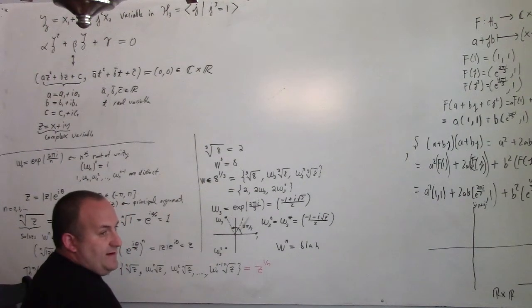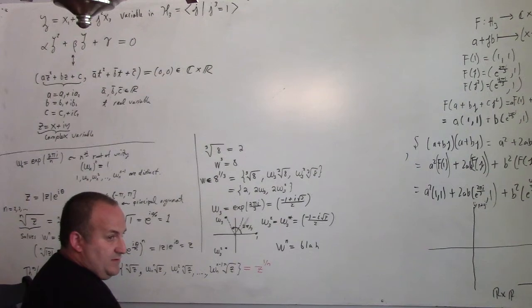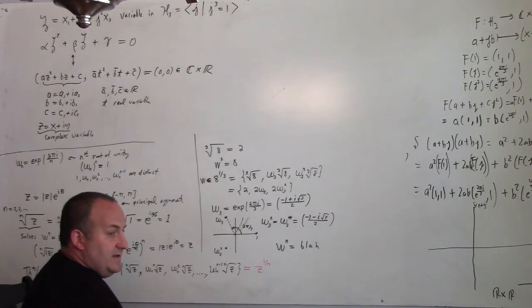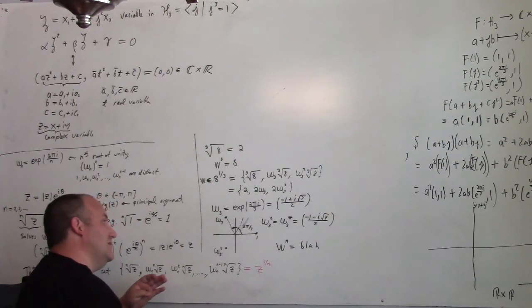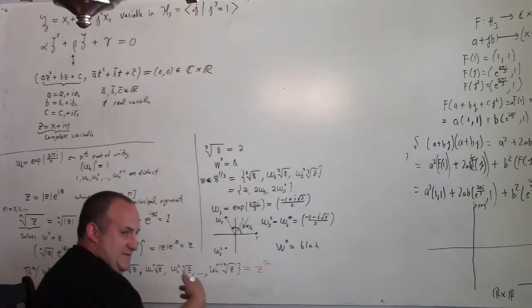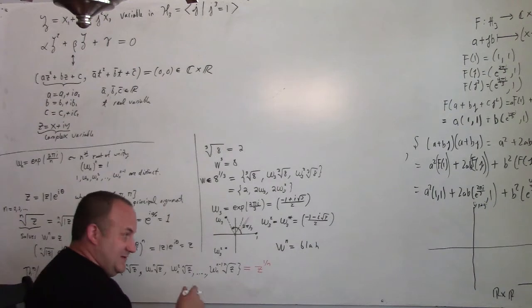When you solve the quadratic equation in the complex numbers, you can reduce it to the problem z squared is equal to a complex number, or z minus something, squared, is equal to a complex number, and then the 1/2 power. So the question is: what does this look like when n equals 2?